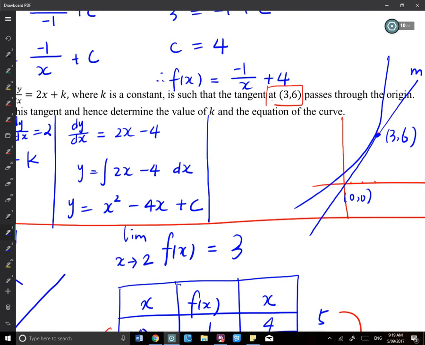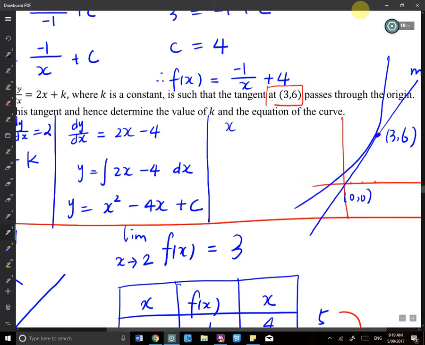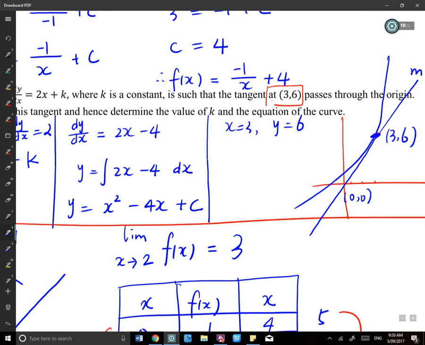How can we find c? We know that (3, 6) is on the curve because it's the tangent at the point (3, 6). So when x equals 3, y must be 6. (3, 6) not only tells us the gradient of the tangent, it also tells us an original point on the graph.